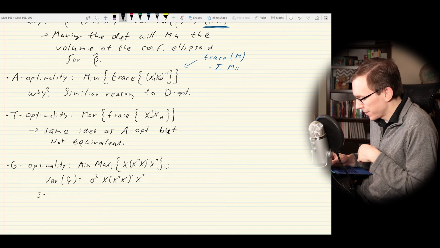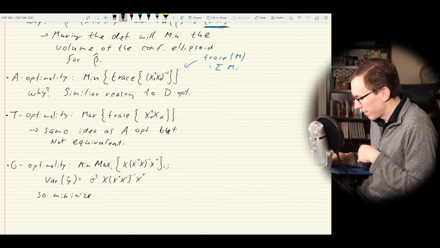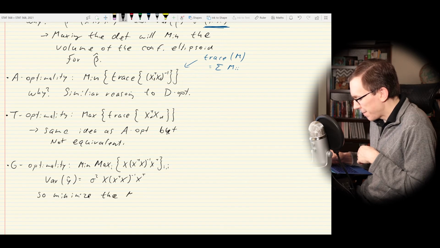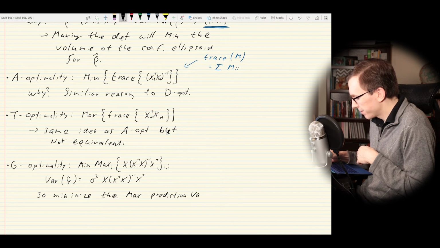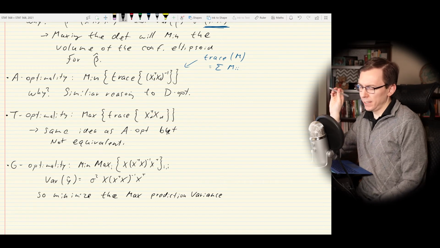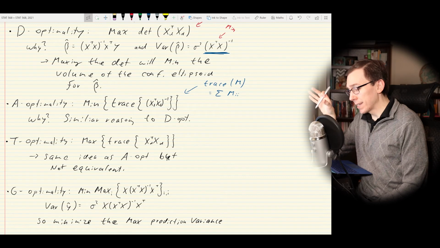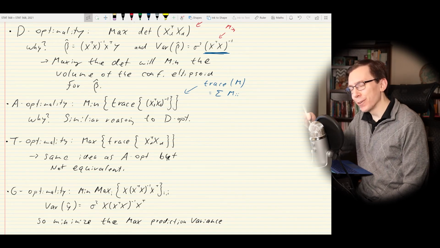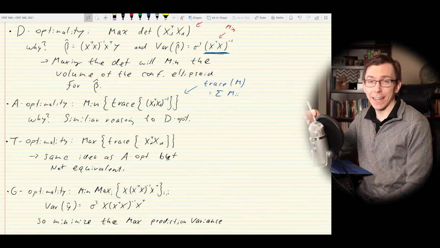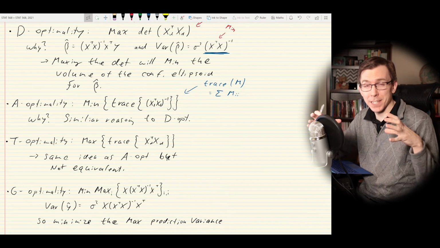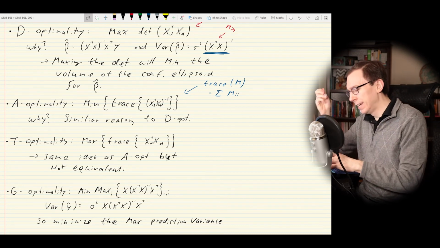So the idea is, minimize the max prediction variance. So G optimality is doing something a little different. The first ones, the D and A optimalities, are focusing on the least squares estimator and saying we want to minimize the variance of our estimate as much as possible.